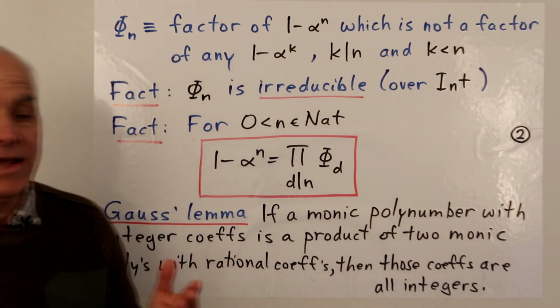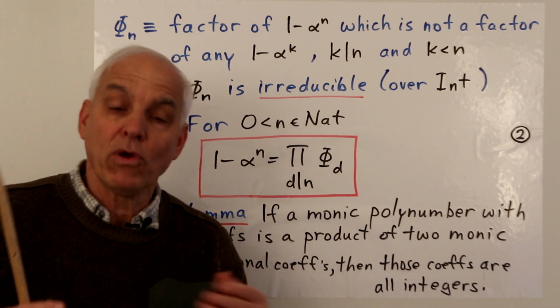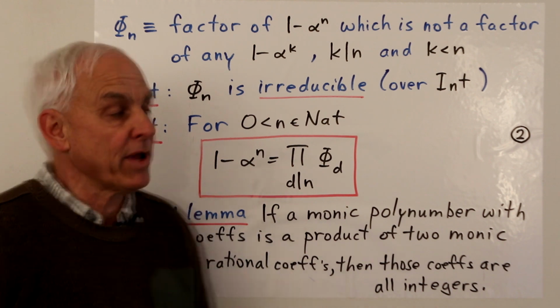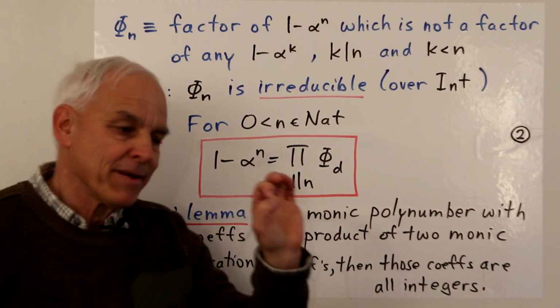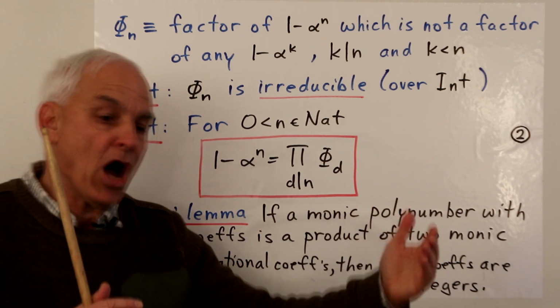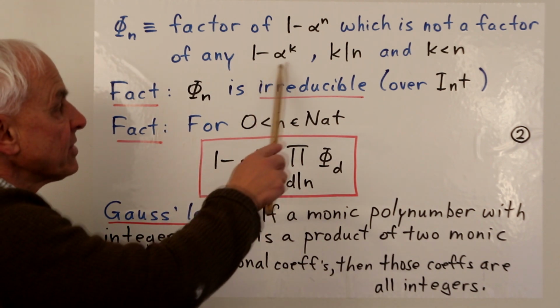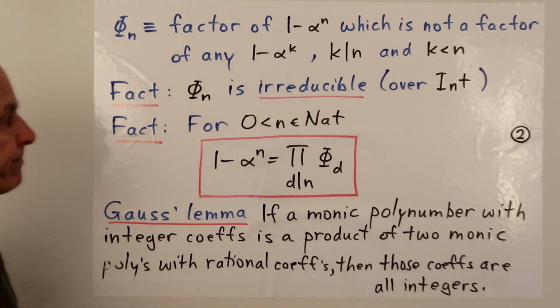So it follows that any factor of 1 minus alpha to the 7 will also be a factor of 1 minus alpha to the 21. So what we're doing when we isolate the cyclotomic polynomial this way is we're saying this is the factor that does not arise as a consequence of any smaller polynomials of the same kind.